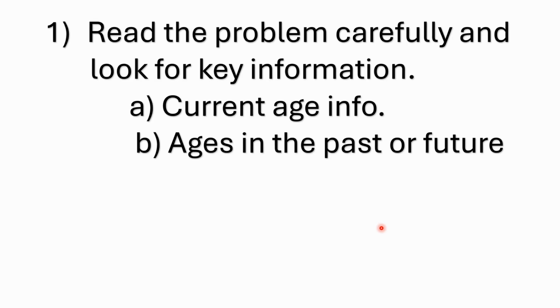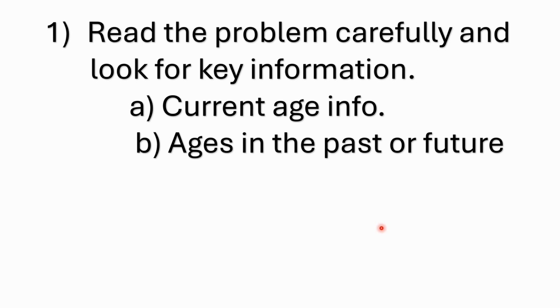I'd say the first step is to break it down. I know sometimes these word problems can seem overwhelming, like where do you begin? But you really want to read these word problems carefully and look for the key information. The process of being able to extract that key information is key to the problem.